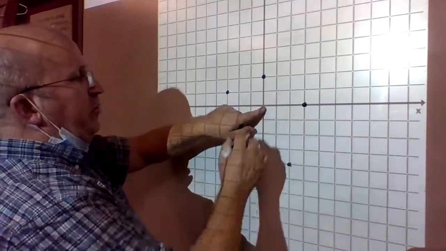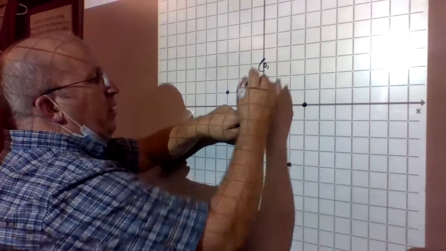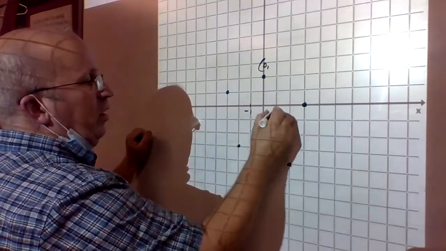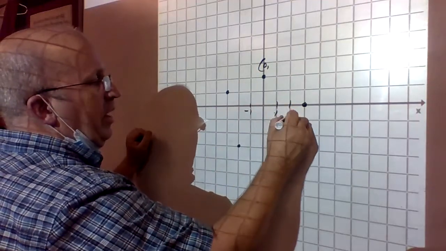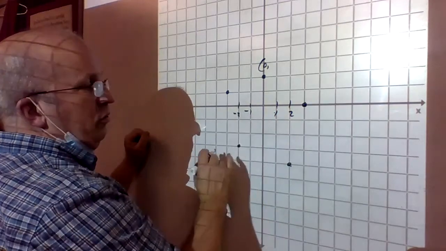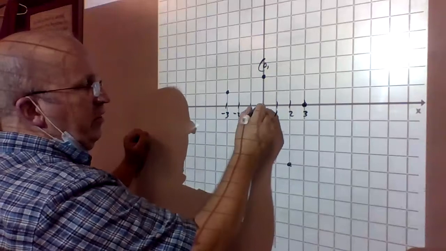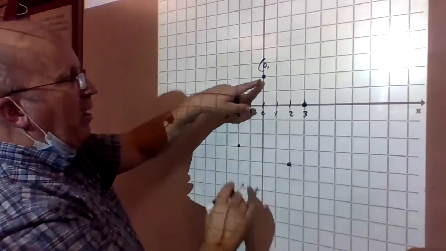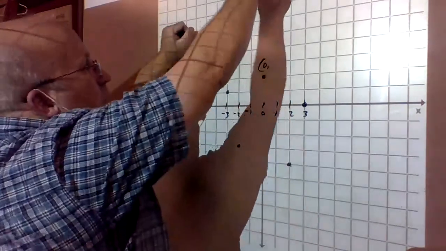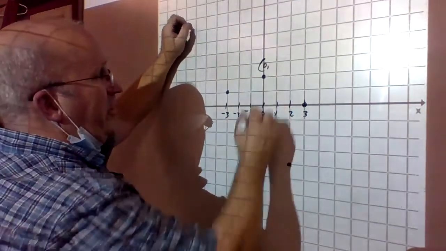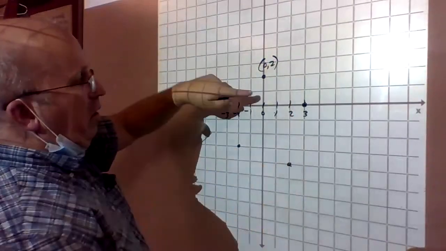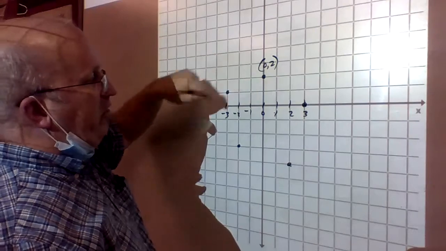It's right above 0 on the x-axis, right? Because this is -1, this is +1, +2, -2, this is +3 and this is -3. This is location 0. And where is it in relationship to the y-axis? It's at 2, isn't it? 1, 2. So that's 0, 2.